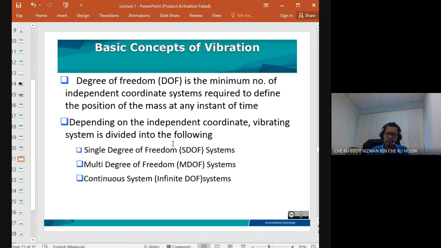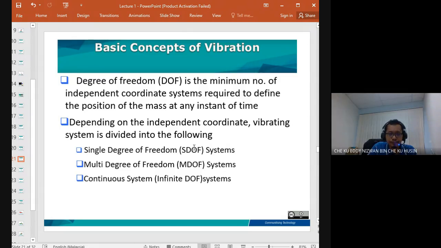The continuous system we do not cover, but it is commonly used in solutions, and normally we use software like finite elements to represent the continuous system.